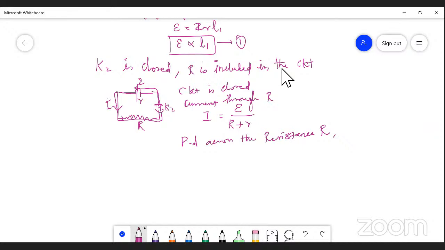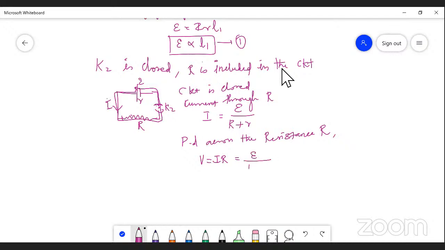So current through resistor R is I equals E divided by R plus r. The potential difference across the resistance R can be written as V equals IR, where I is E divided by R plus r.